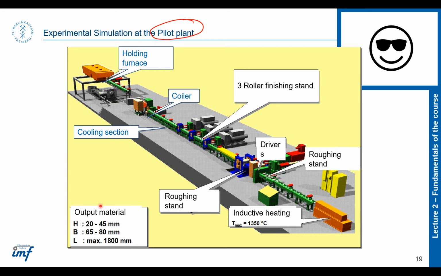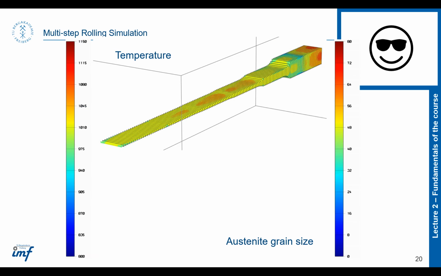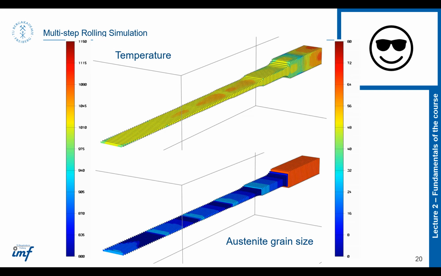If we have certain conditions for the output material, so we want the material to have these attributes, we can define these boundary conditions using a numerical simulation method, and what we get is an outcome of what the different temperatures will be at different points of the material.